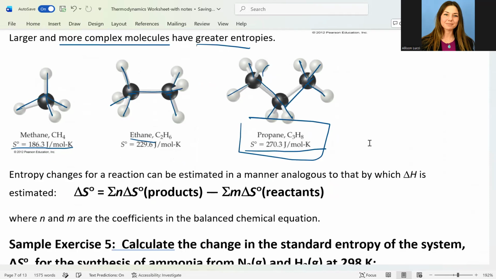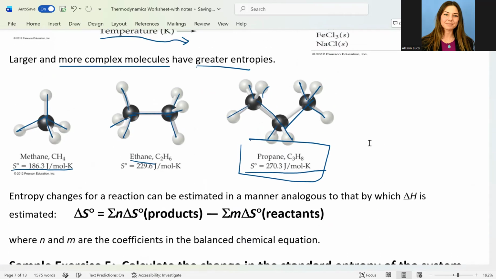There's an equation that we'll use a little later on, and we see that the change in entropy can be calculated for chemical reactions by a similar method to when we did enthalpy calculations in Chem 1, where we take the sum of the entropy of the products with their coefficients in front, minus the entropy of our reactants, and we can find our change in entropy for the reaction.